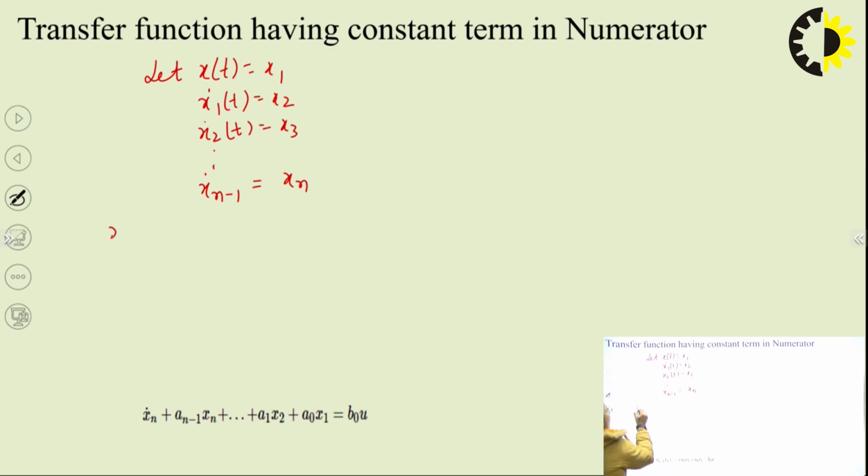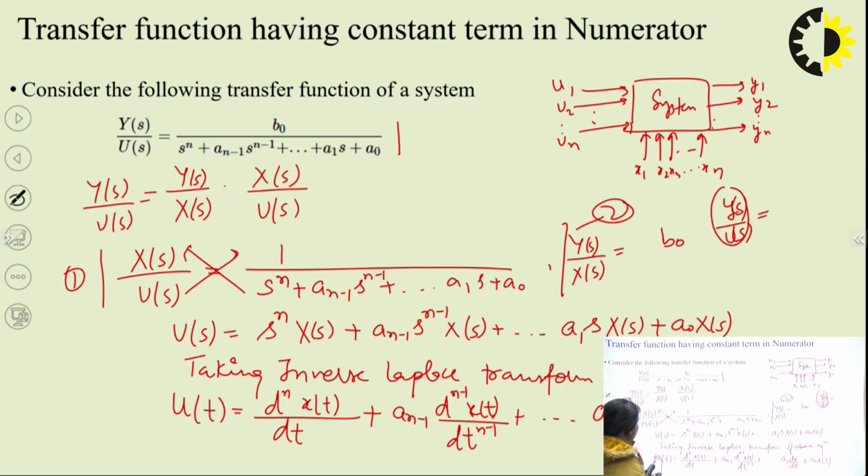So xn dot we can take from the previous equation. I am writing the values here in this equation. First of all, u(t) will be equal to xn dot.